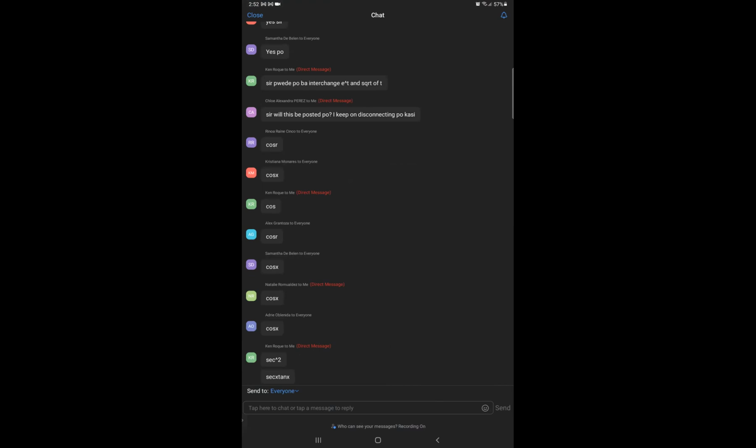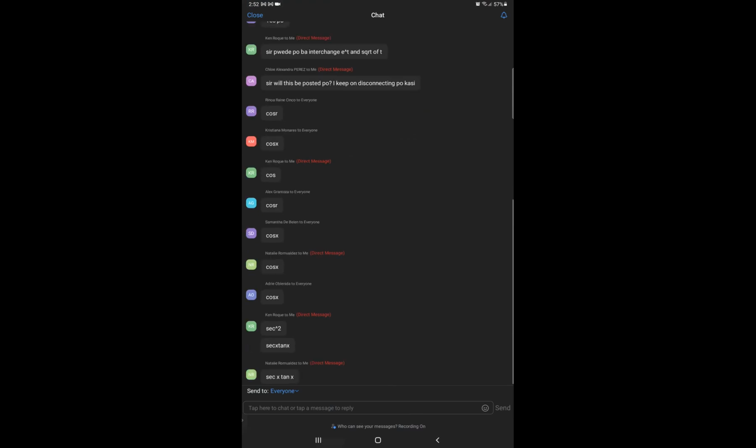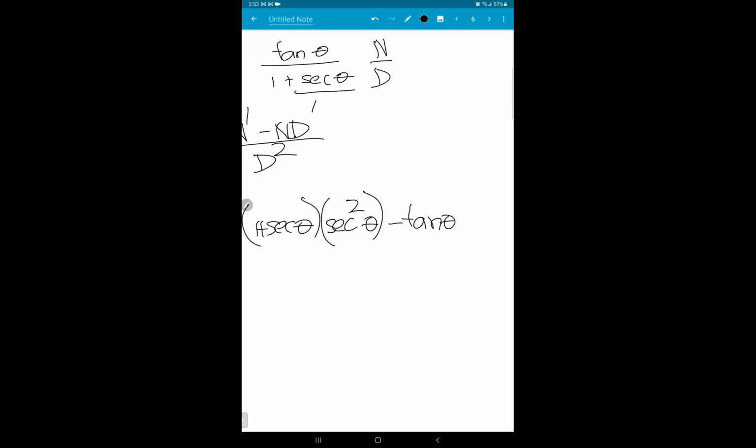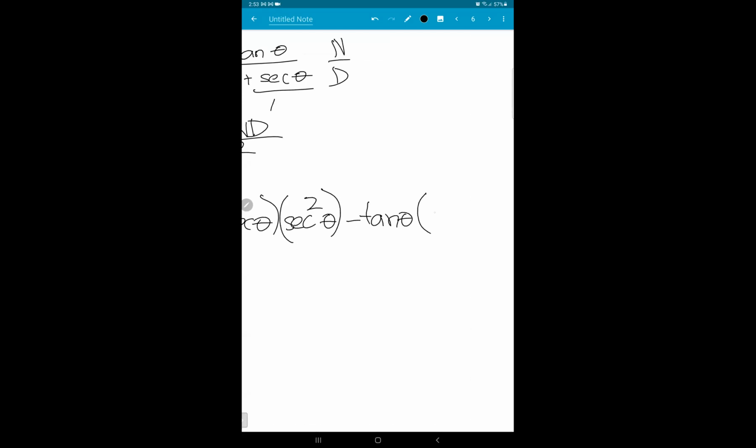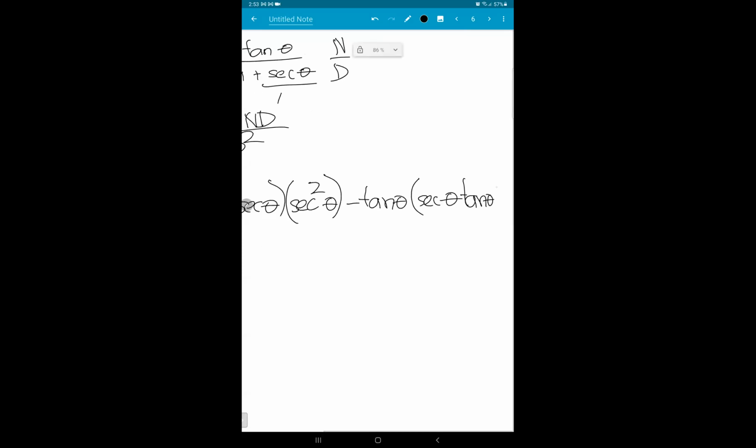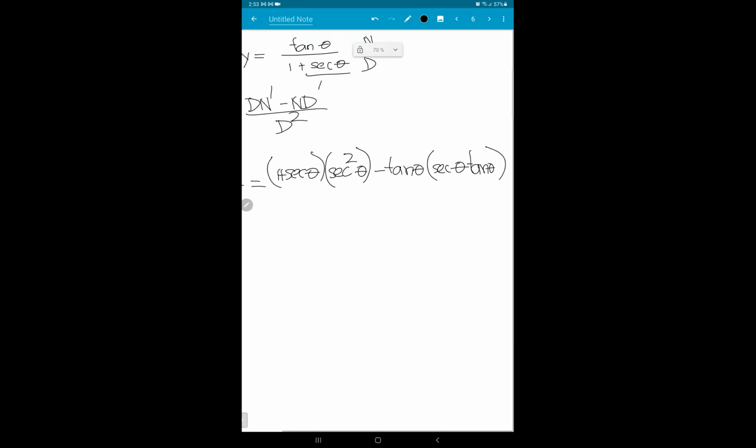Mr. Roque again, secant x tangent x. Okay, so differentiating secant, we have secant theta tangent theta. Then just write over the square of the denominator. You have your answer. Each part has credit, okay? So if this were a 10-point item, each might be assigned 2 points. The sign has to be correct, of course.